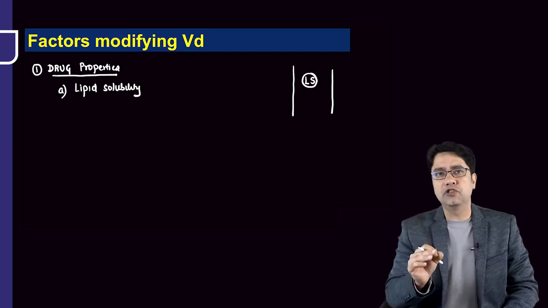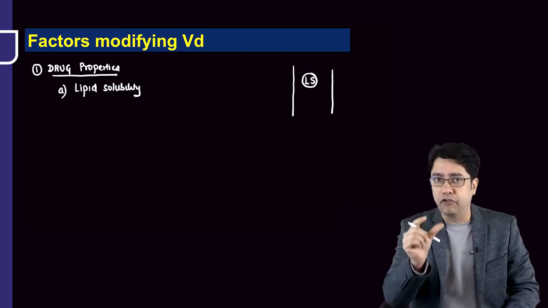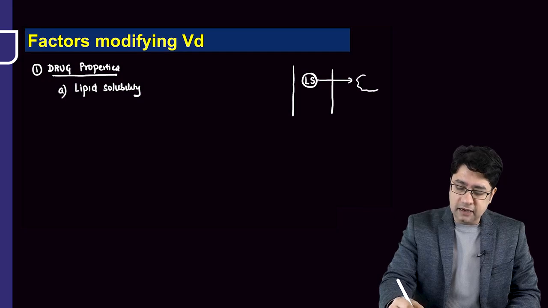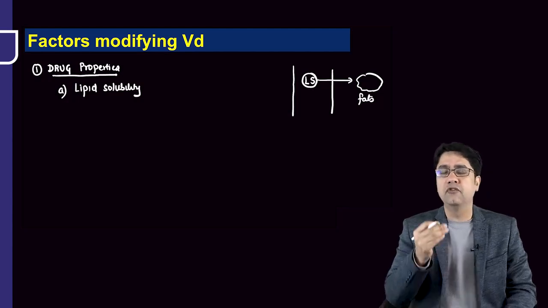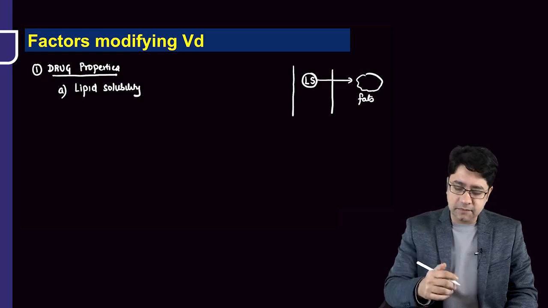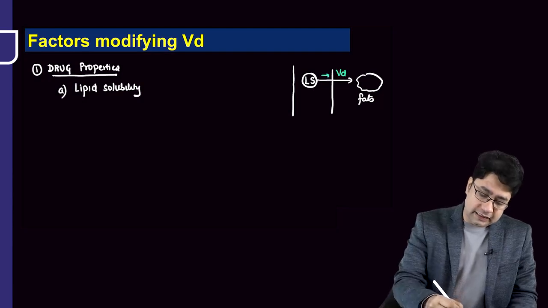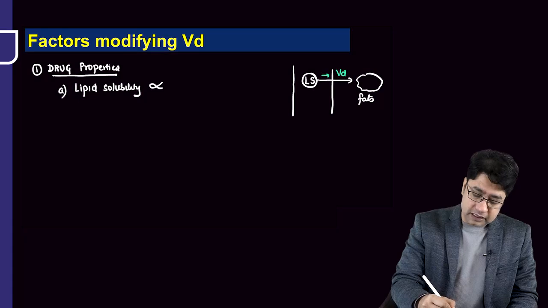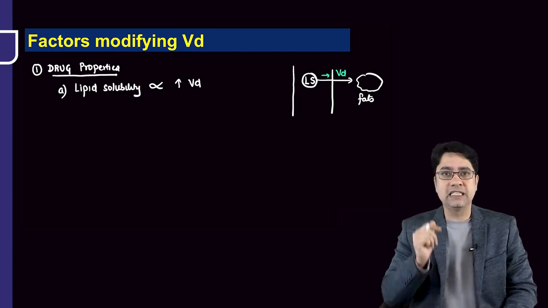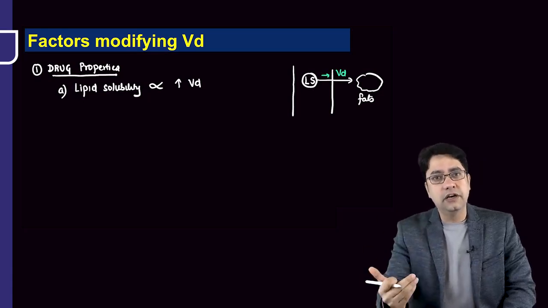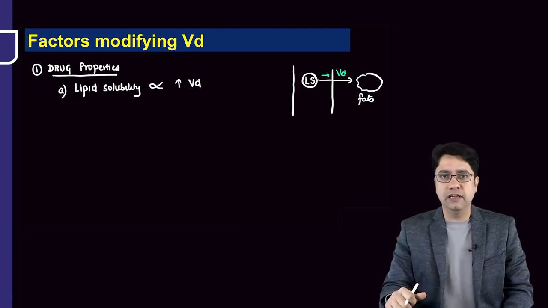Will this lipid soluble drug love to remain in a watery media like plasma, or will it move out of a blood vessel and deposit in organs like fats? A lipid soluble drug would love to deposit in fats. So can we say more drug will move outside? Hence lipid solubility is directly proportional to volume of distribution. That means with higher lipid solubility, more drug will go into the tissues, so its volume of distribution increases.